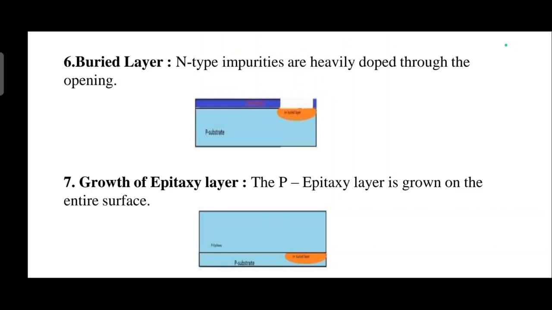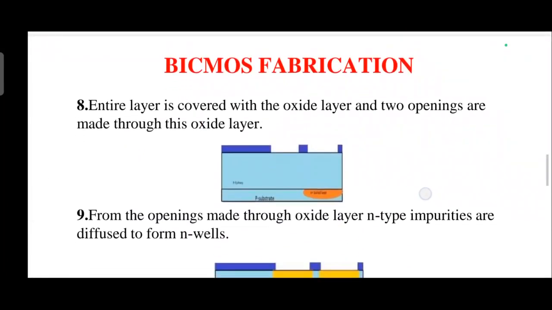This is known as the buried subcollector layer. After that the epitaxial layer, which consists of p-type material, is grown all over the surface. This will allow for better electrical conductivity. Later on the entire layer is covered with an oxide layer again. So the steps are repeated once more.